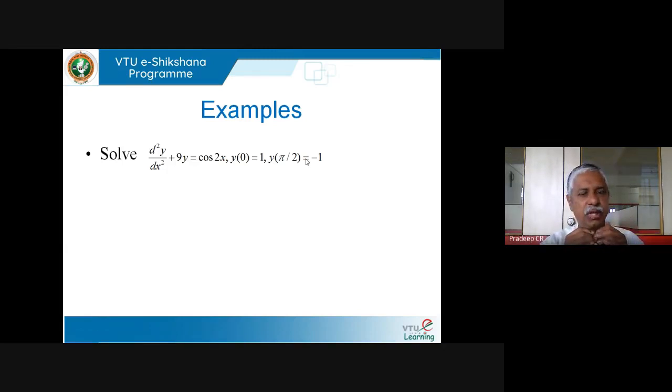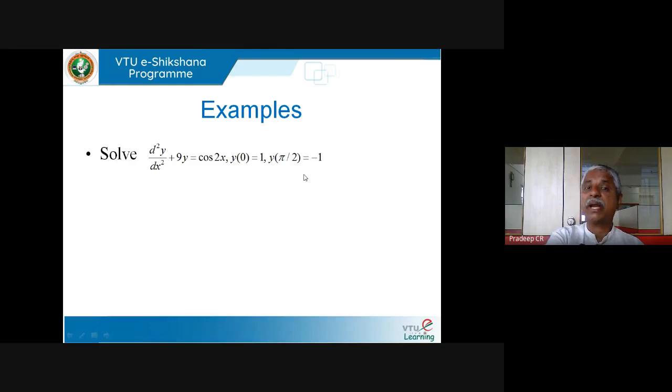Even then you can solve using Laplace transform. This is sort of a boundary value problem. That means I want to find y satisfying these two conditions. At 0 it must be 1 and at pi by 2 it must be minus 1. I don't know anything about y dash here. But without y dash I cannot solve this problem, because when I take the Laplace transform of this, I'll get L of y double dash will be s square L of y minus s times y of 0, minus y dash 0.